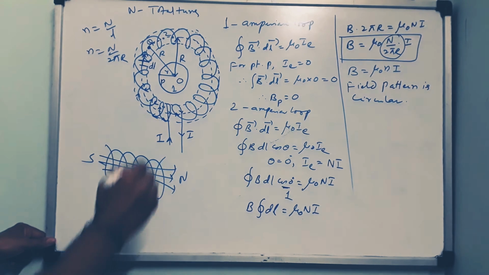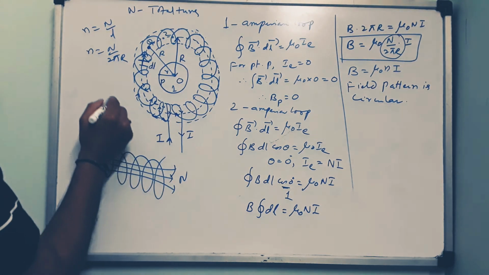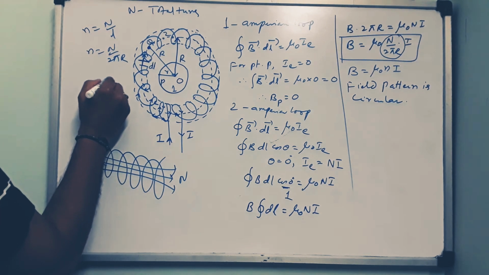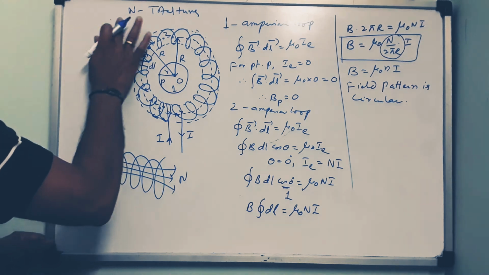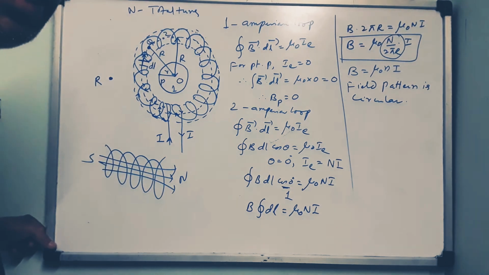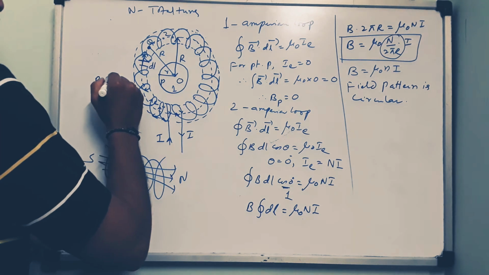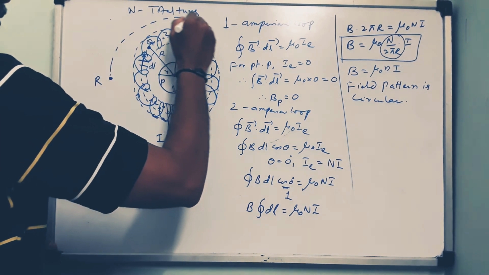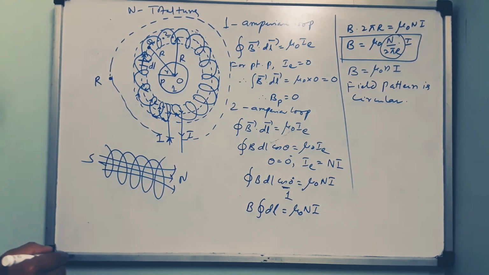Fine. So now we have made the calculation only along the axis. Now if I consider any point here, so this I have taken as Q, I take this as R. I am interested in calculating the magnetic field at point R. And then what do I do? I draw an Amperian loop. This is my Amperian loop.